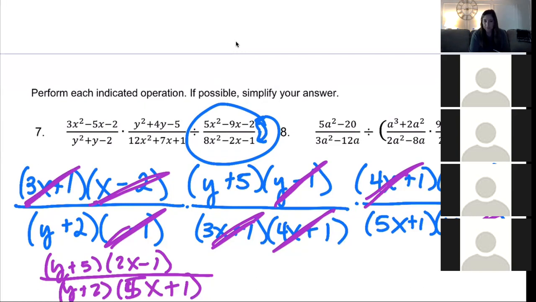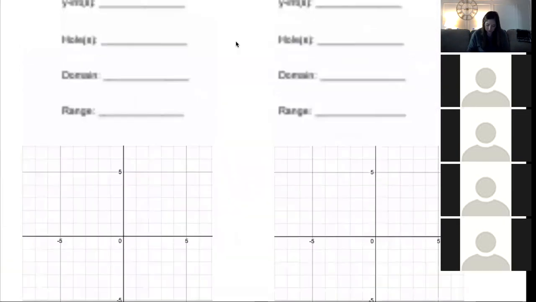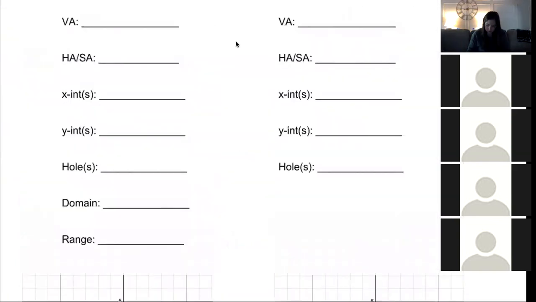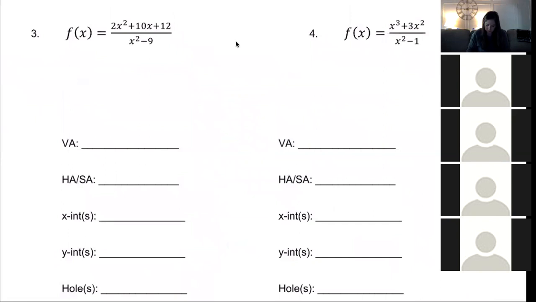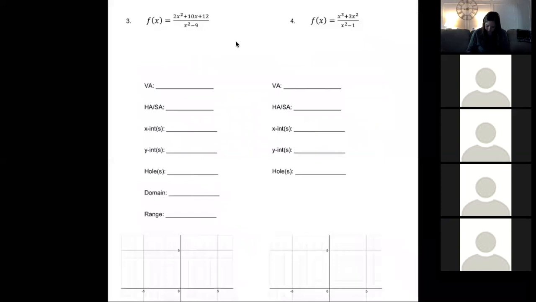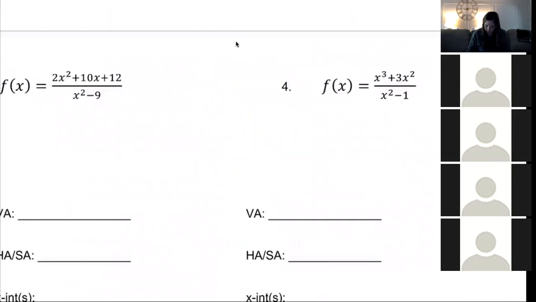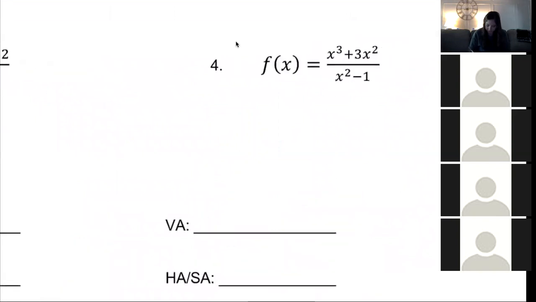Would you please do a slant asymptote one? Sure. Let's see. It looks like number 4 is a slant asymptote. So for number 4, I could take out an x squared and I'd be left with x plus 3.